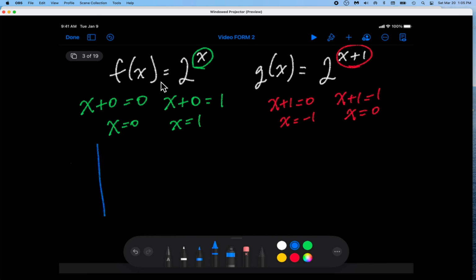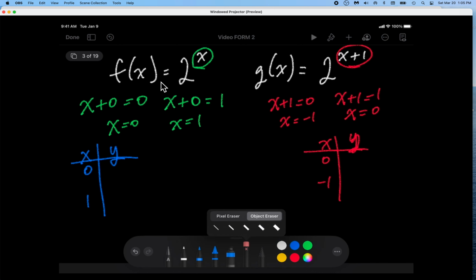Okay, let's do f of x here, and let's do g of x here. So on this side we're going to plug in 0 and 1, and on this side, 0 and -1. I'm sorry, I did that incorrectly. We're going to do x equals 1 in green, and -1 in red, for the reasons that we just talked about.